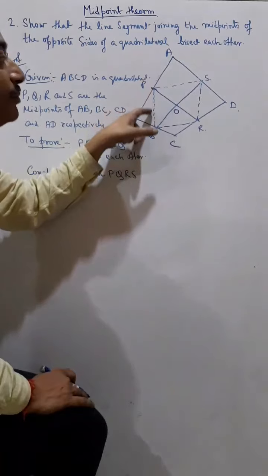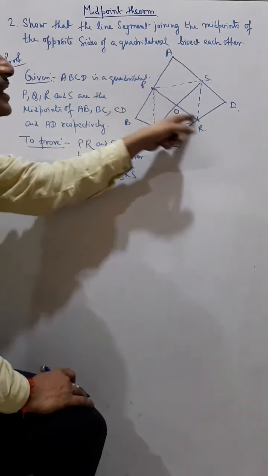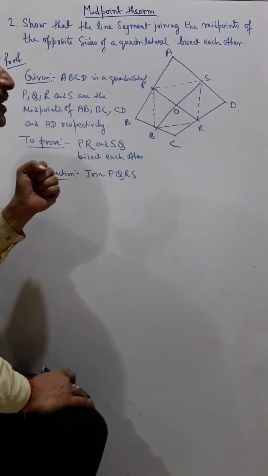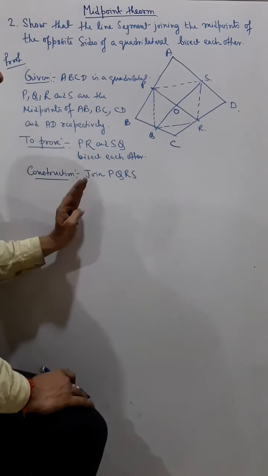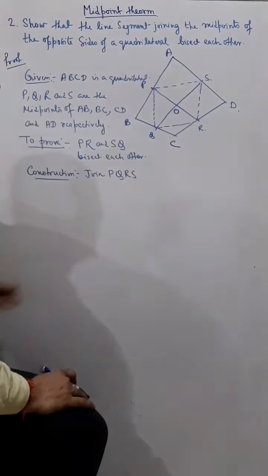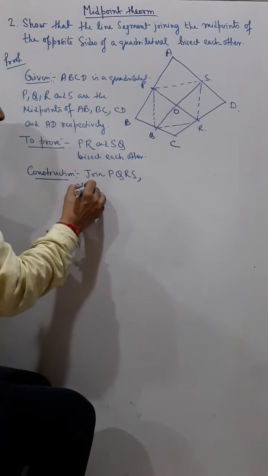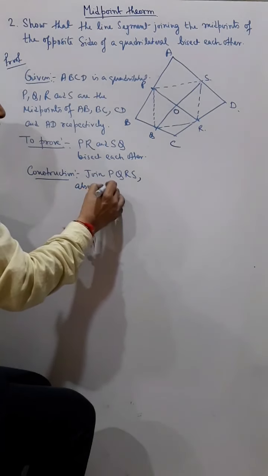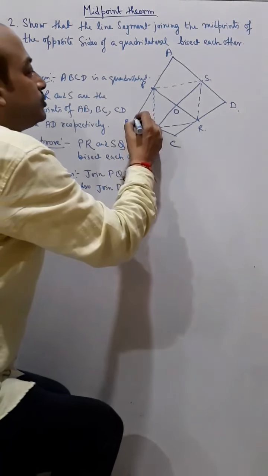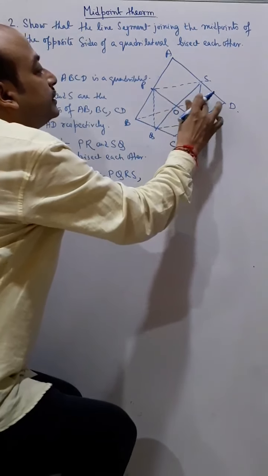Now if I can prove that this is a parallelogram, and in a parallelogram the diagonals bisect each other, our proof will be done. So our main aim is to prove PQRS is a parallelogram. Okay, for that we have to do another construction, also join BD. So I'll also join BD like this.